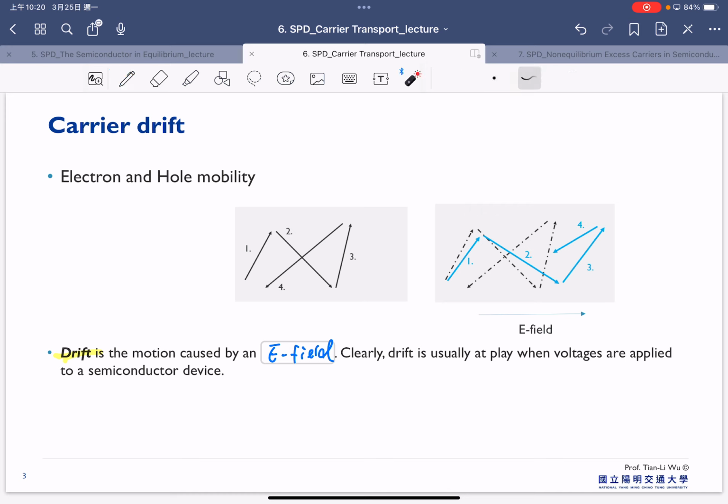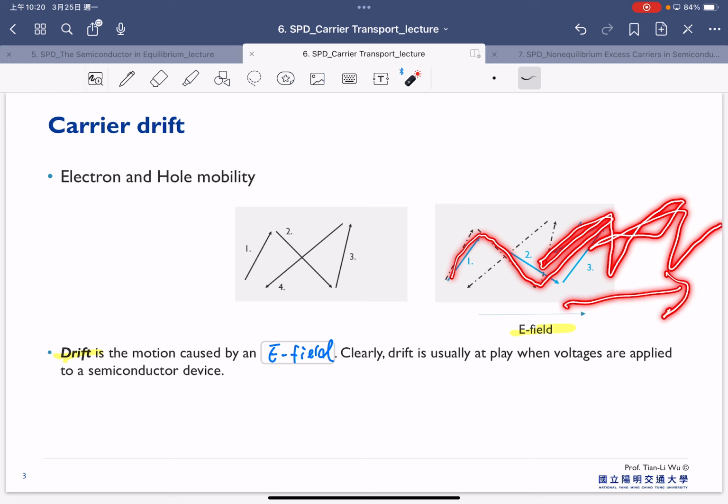Clearly, drift usually plays a role when voltage is applied to the semiconductor device. Once we apply the field, the carriers will start to move toward the right.